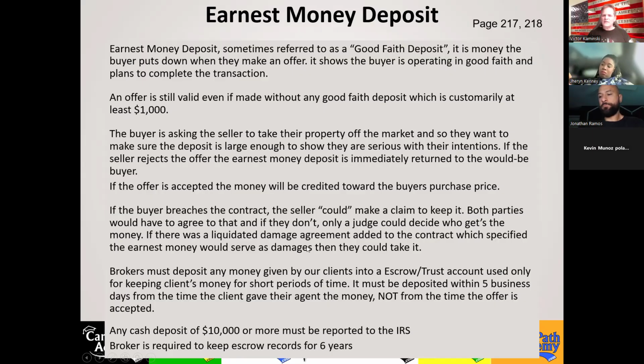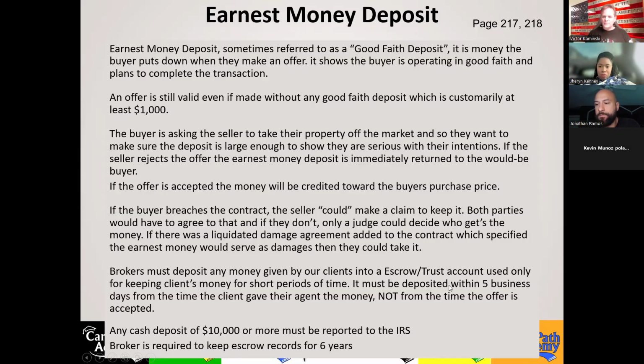And if there was a liquidated damage agreement added to the contract, which specifies the earnest money would serve as damages, well, then they could take it. Brokers must deposit any money given by our clients into an escrow or trust account used only for keeping our clients' money for short periods of time.